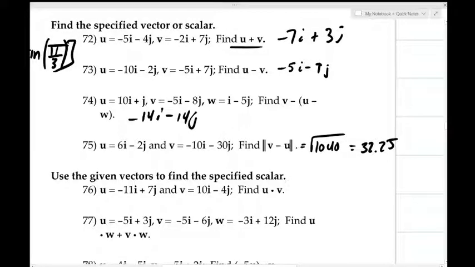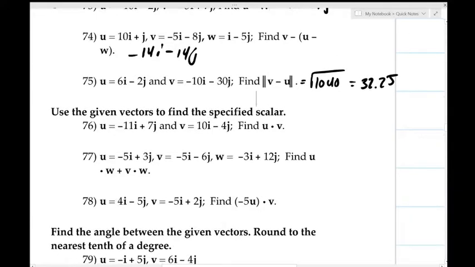Okay. Use the given vectors to find the specified dot product, right? So we're saying the dot product gives us a scalar as the answer. So how do we do this? Multiply the first components, or the i components, and then add them to the j components.